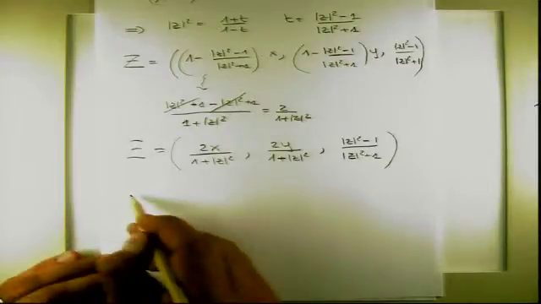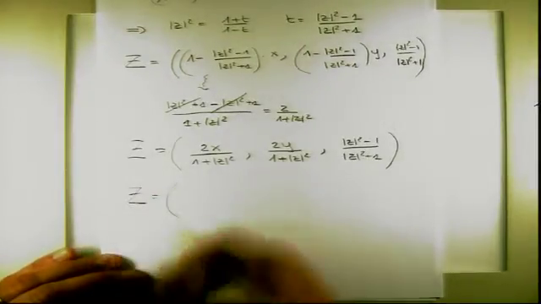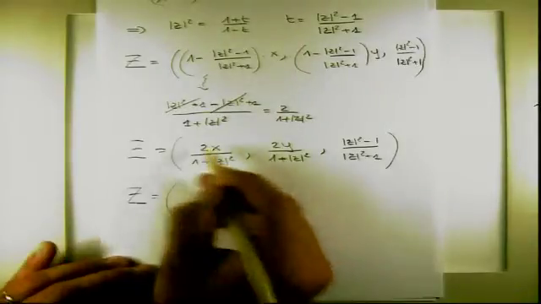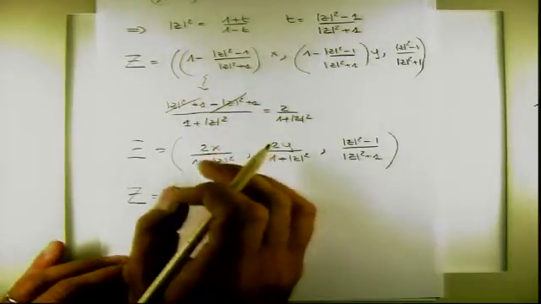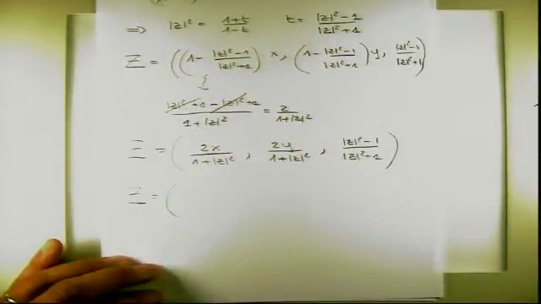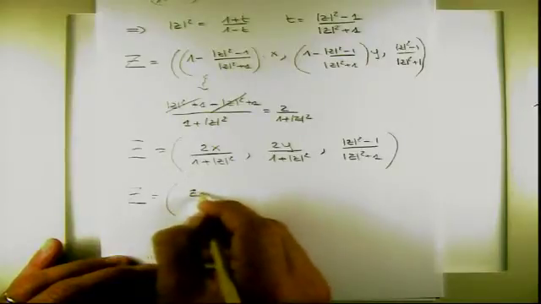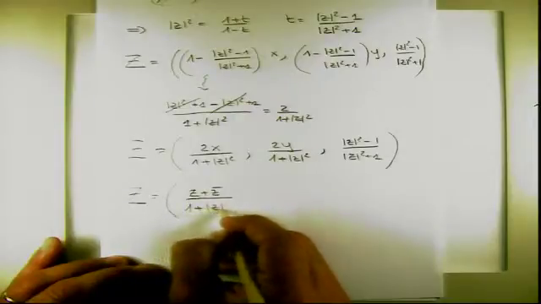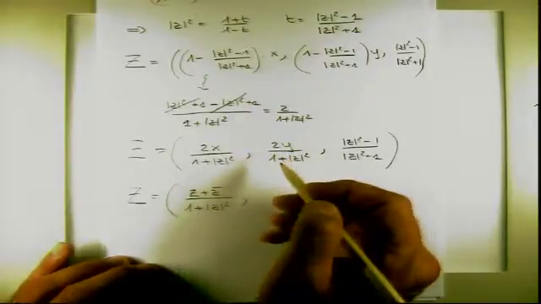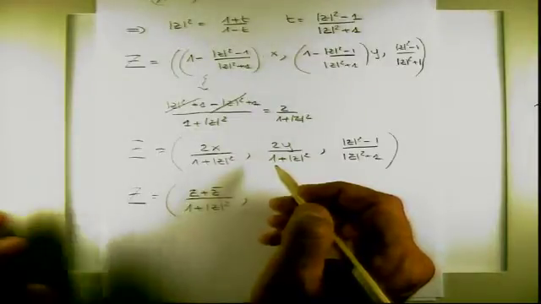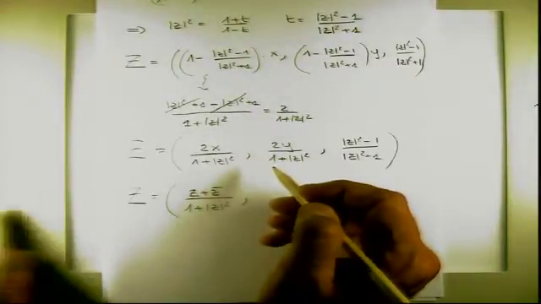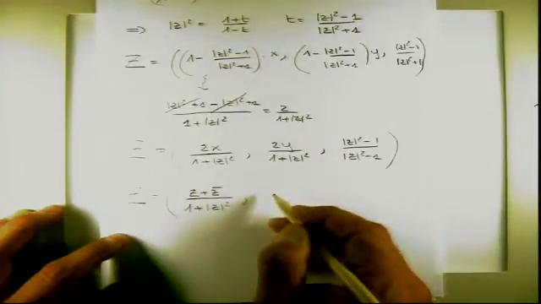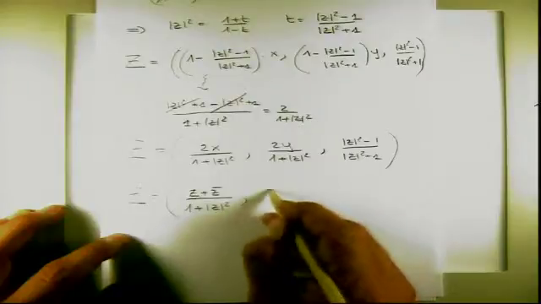Okay, so if I want to express capital Z as a function of z, I have to write instead of 2x what? z plus z bar, because z plus z bar is twice the real part. Okay. And y, remember that the imaginary part is given by the difference z minus z bar over i. Okay?